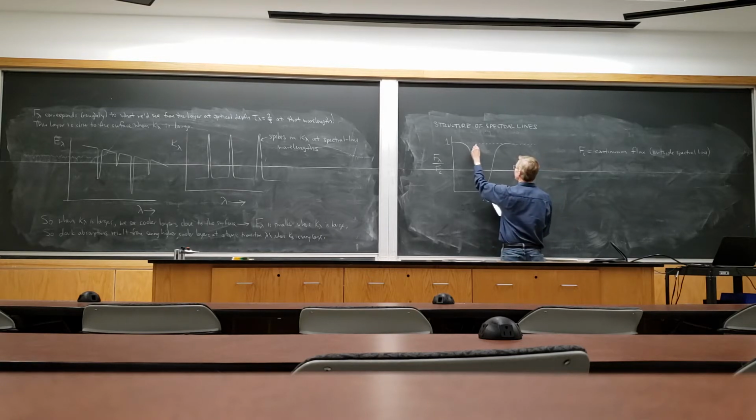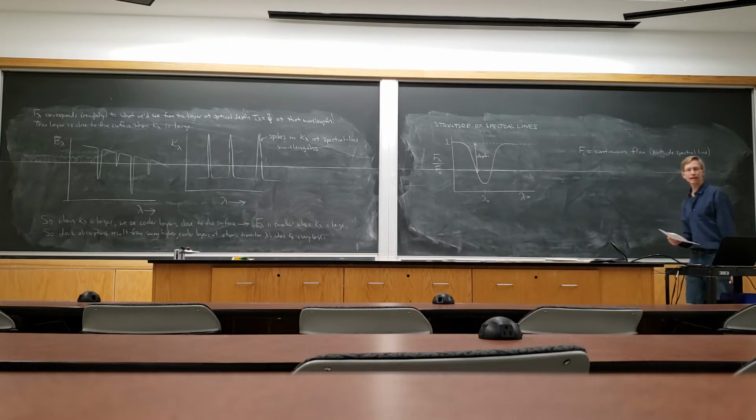And at any given wavelength, this represents what we call the depth of the spectral line at that wavelength. In other words, how far is it fractionally below the continuum?